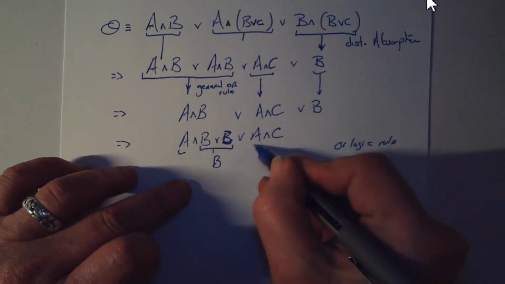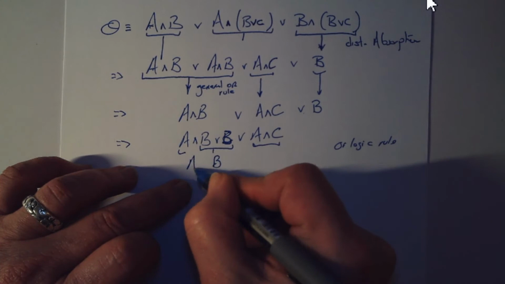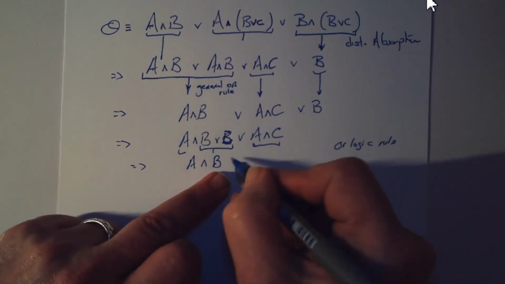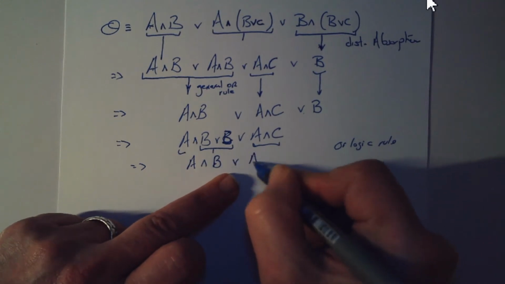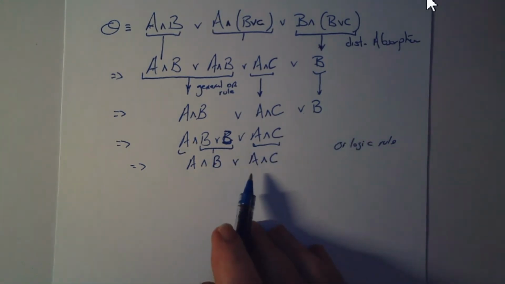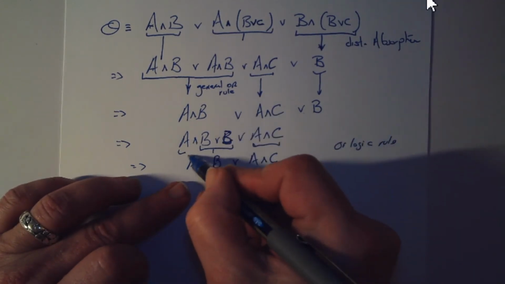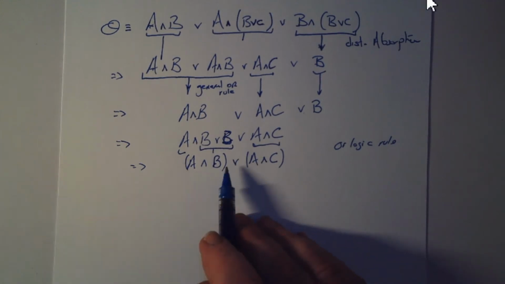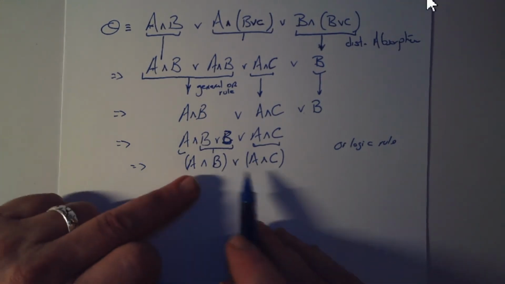Okay, so we've got these terms remaining. So I now have A and B, okay, or A and C. So what can I do with these two expressions? Well, what I could do is I could bracket these. Remember, I'm allowed to do that. Okay, I can group with the brackets, doesn't really matter.